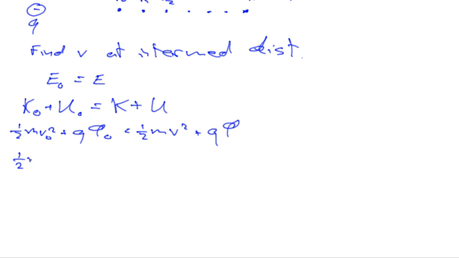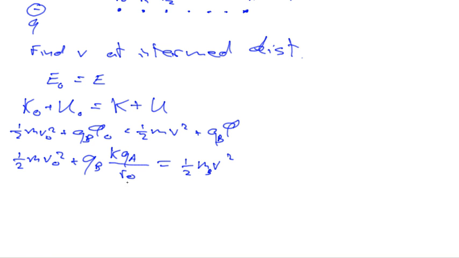That's 1/2 mv0 squared plus, well, this was qb, and the phi is the electric potential at the location of charged particle B due to charged particle A. So that'll be qb k qa over r0 equals 1/2 m times the square of the velocity at the intermediate position.